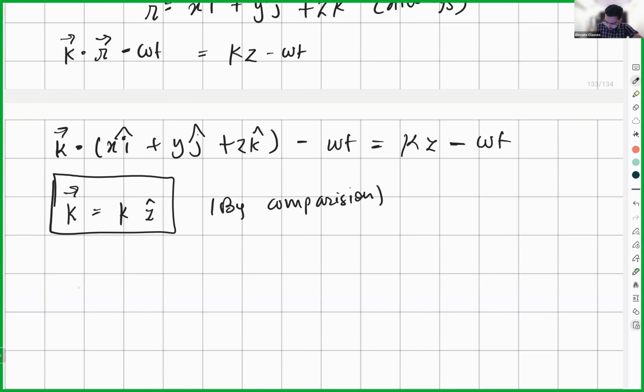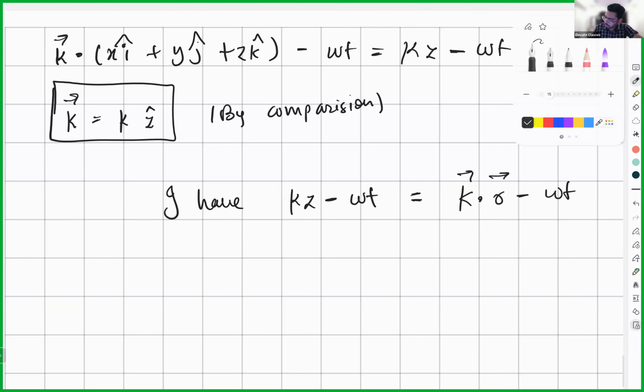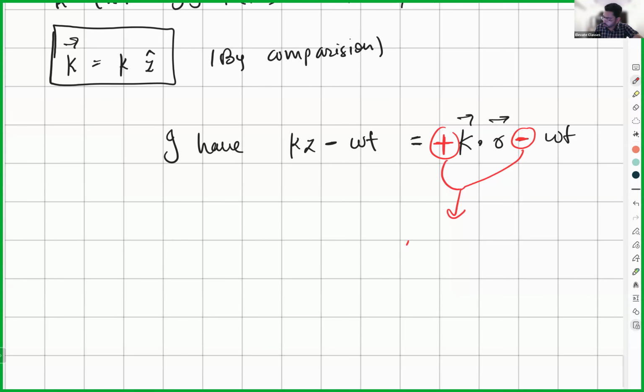Now because I have kz minus omega t, which was k dot r minus omega t, with k dot r having a plus sign and omega t having a minus sign, unequal signs mean that the propagation direction is plus k vector.